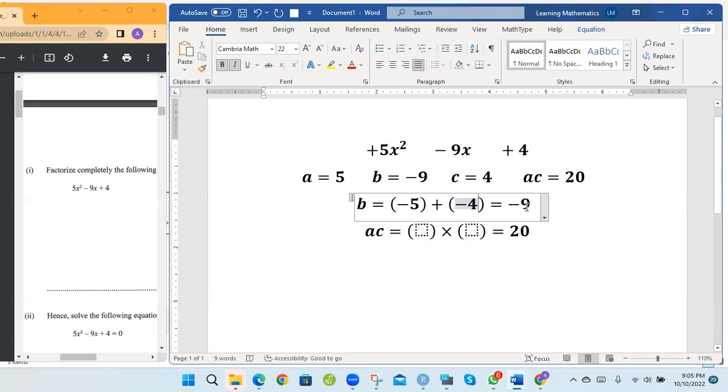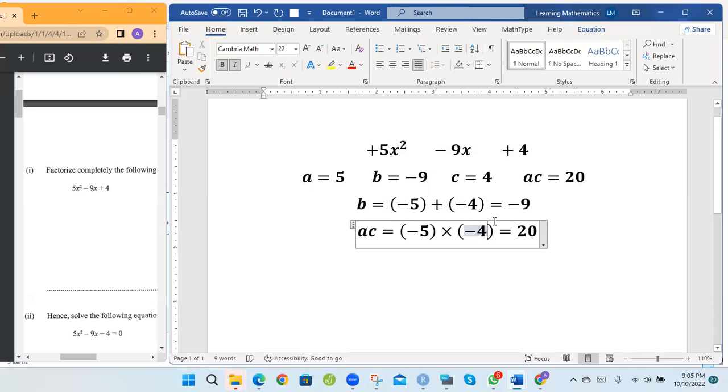A negative times a negative is a positive. So -5 times -4 is a positive 20. So CXC is testing multiple things in that very same question. It's testing negative numbers. That -9 and that +4 was purposefully placed.